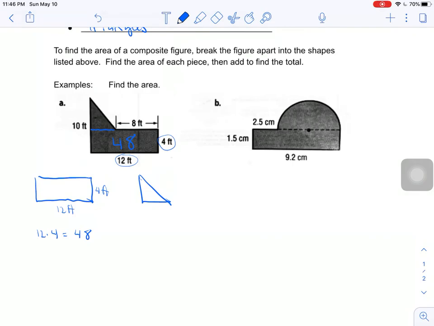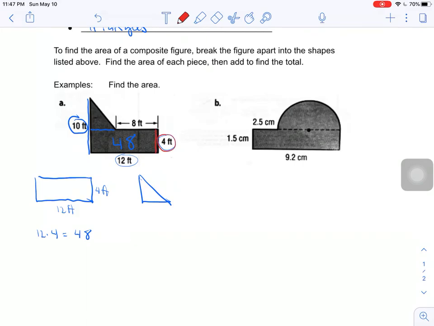Now, the triangle. In order to find the area of the triangle, I need to know the base and the height. Where this gets a little bit tricky is that these things are not directly labeled. So sometimes you have to do a little bit of looking at pieces and doing some quick subtraction to figure out what we need. If I look along this left side, I know that this entire length in blue is 10 feet.